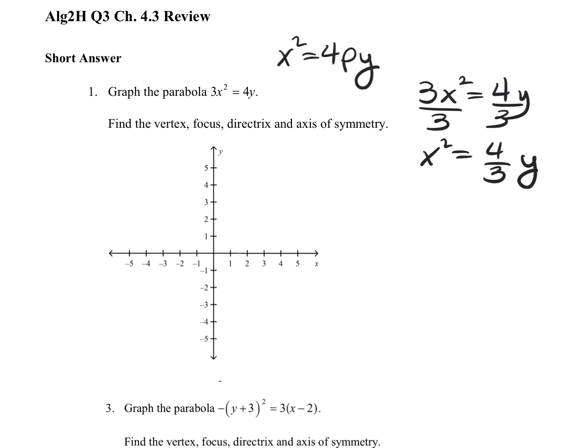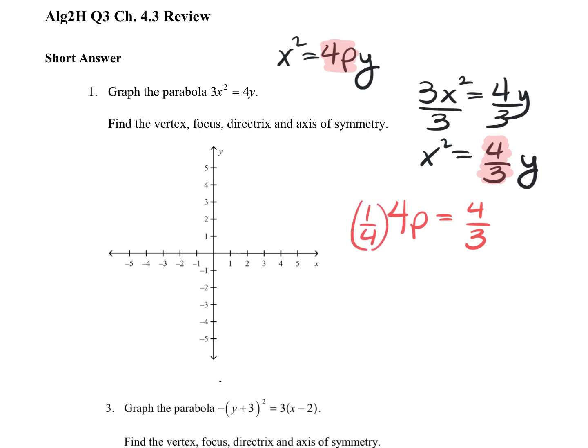So remember, this number in front of the non-squared variable is what 4p equals. So I'm going to set 4p equal to 4/3. To solve for p, I'm going to divide both sides by 4. And remember, when a fraction is involved, dividing by 4 is like multiplying by the reciprocal.